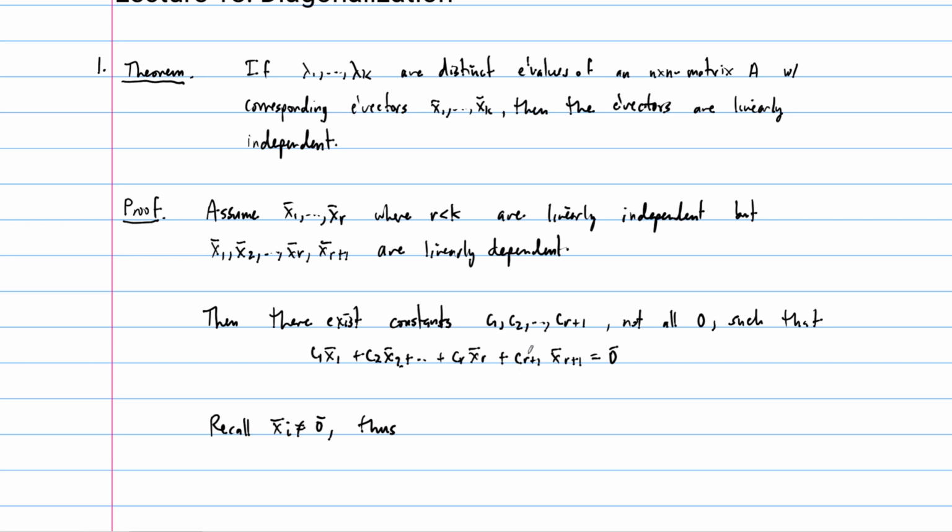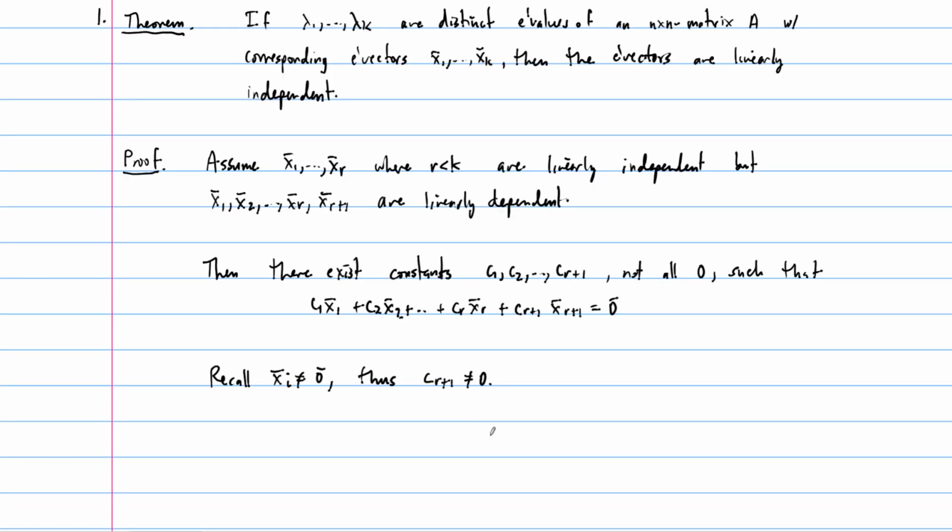Because if c(r+1) was zero and this equation was satisfied, then the first r would actually be linearly dependent. We assume that the constants are not all zero, so if c(r+1) is zero, one of the other ones would be non-zero, which is not allowed. So the whole point here is that c(r+1) is not equal to zero.